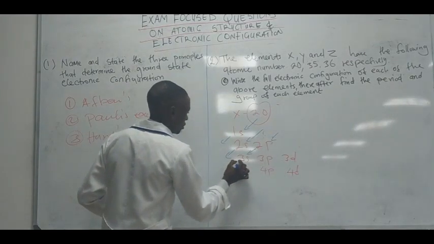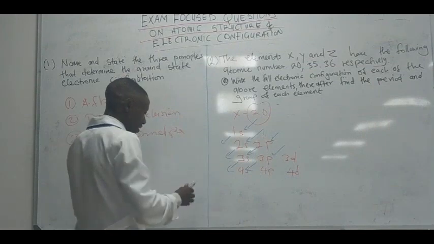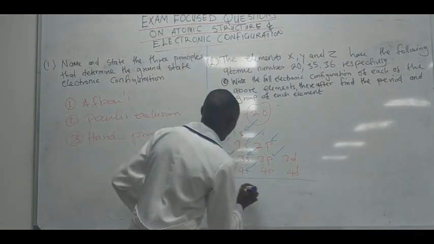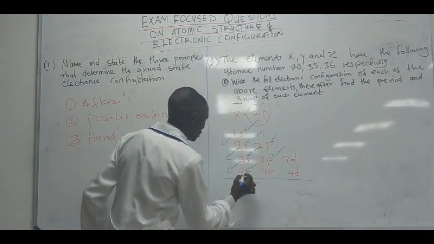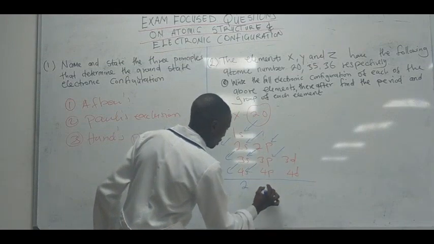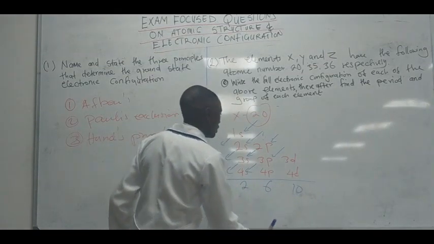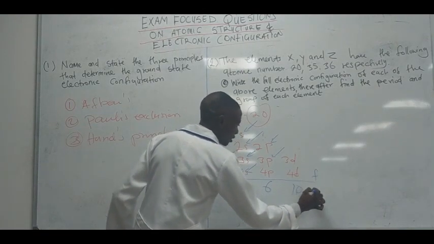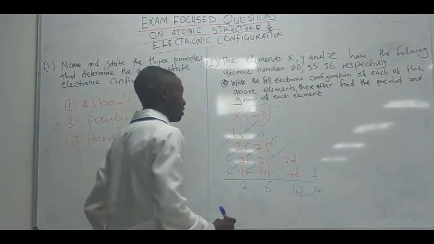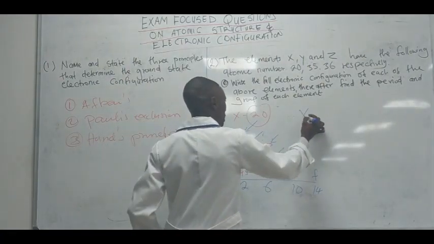And you must understand that the S subshell carries 2 electrons, then the P has got 6, and then the D has got 10. And if you have the F this side, it's going to have 14. So let's go ahead and do the electron configuration of our element X.